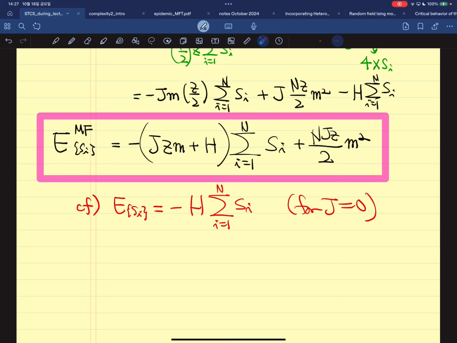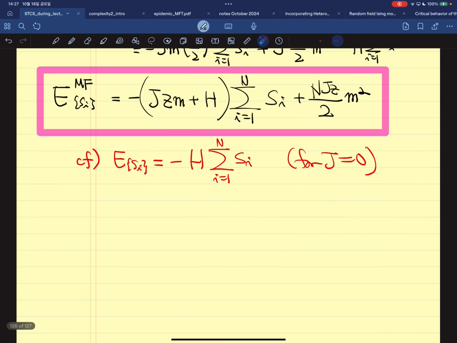So it looks like we solved everything, but actually, to solve for m, we need to solve for E. So it's kind of a circular argument. That's why we will soon encounter the so-called self-consistency equation. I will give some heads up for this.